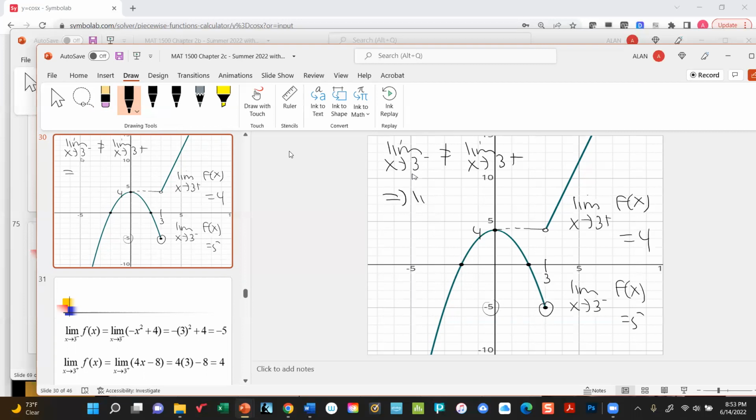So the limit does not exist. And that's the jump discontinuity. In other words, it jumps directly from here to here as x approaches from the left or the right.